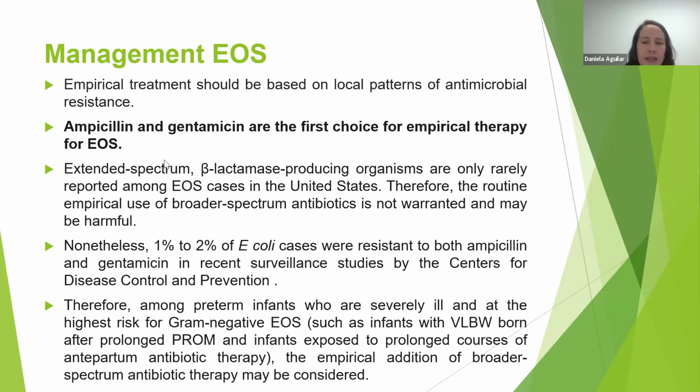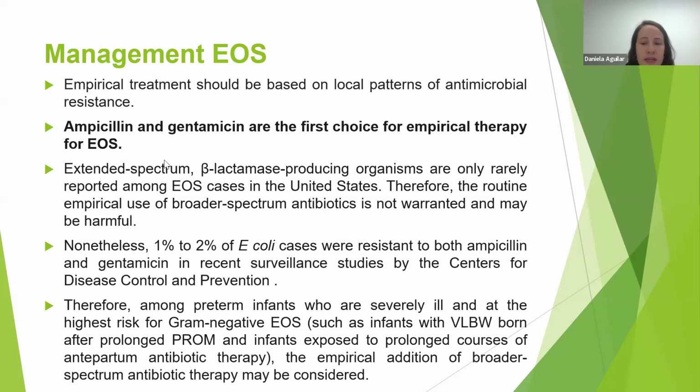Although 2/3 of E. coli early onset sepsis isolates and most other gram-negative early onset sepsis isolates are resistant to ampicillin, the majority remains sensitive to gentamicin. Extended spectrum beta-lactamase producing organisms are only rarely reported among early onset sepsis cases in the US.